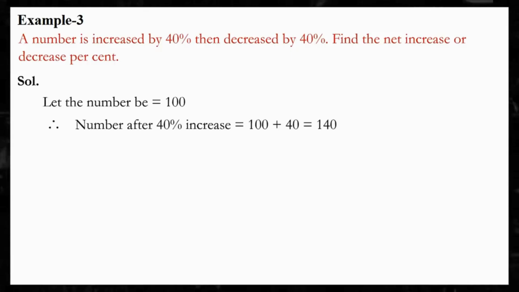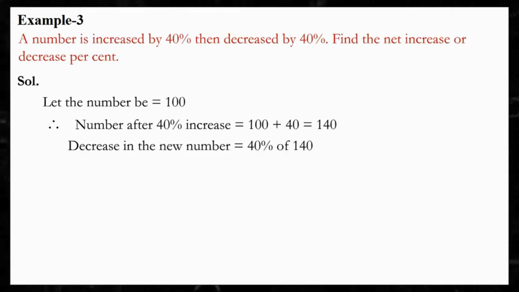Example 3. A number is increased by 40%, then decreased by 40%. Find the net increase or decrease percent. Solution. Let the number be equal to 100. Therefore, number after 40% increase is equal to 100 plus 40, which is equal to 140.